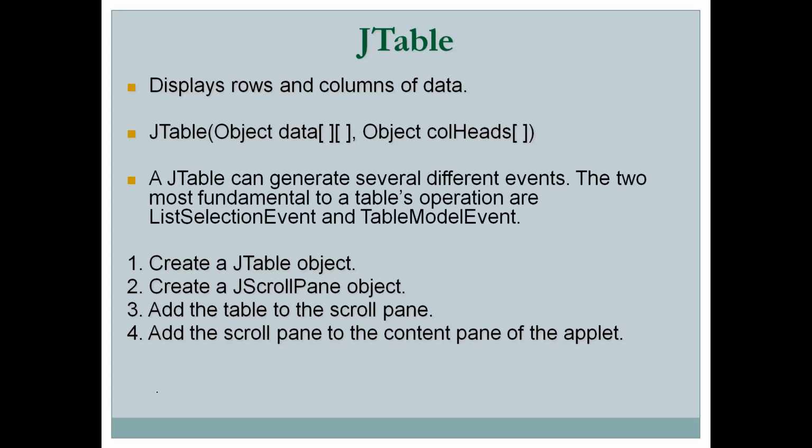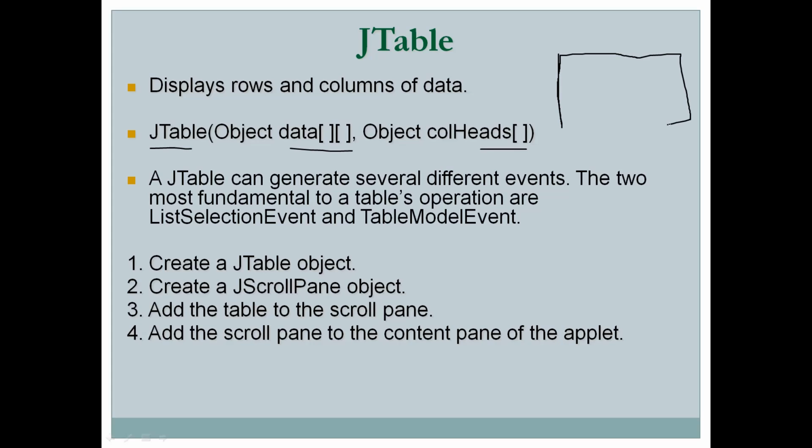A JTable can be created by using a constructor, JTable, which takes an object of type two-dimensional array, and one more object, that is column headings array. If you look at the table, you will get to know why these objects are passed.